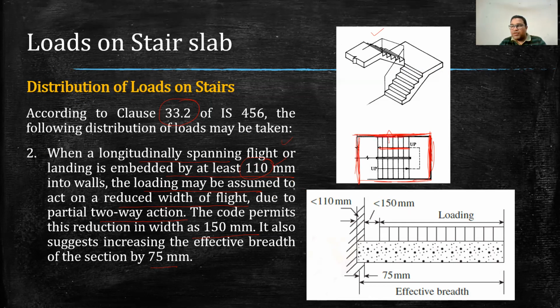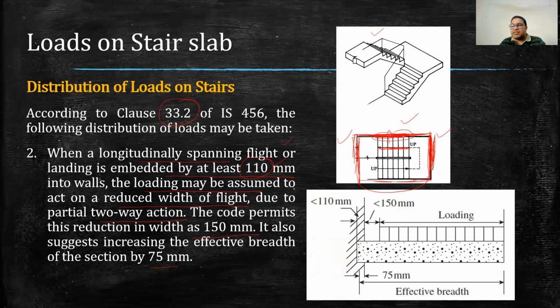then there are chances that the action of fixity will come into play. Earlier we thought that our slab is connected at this point only and this point only, and therefore bending will occur only like this. But when it is inserted in the side wall also, then this side wall will also act as a support. So this slab is connected at this end, this end, and this end.